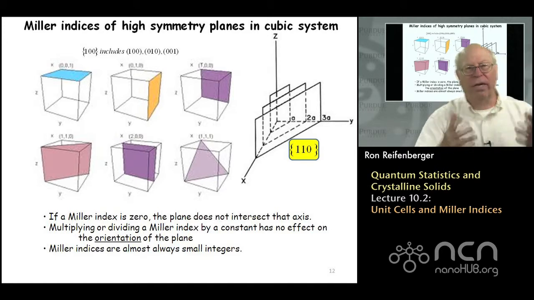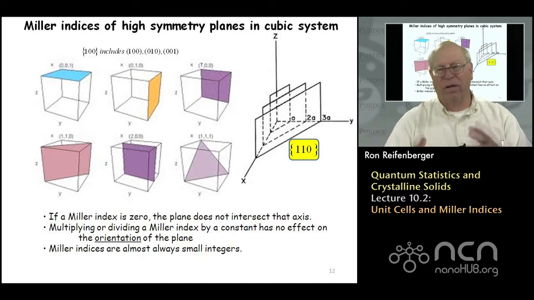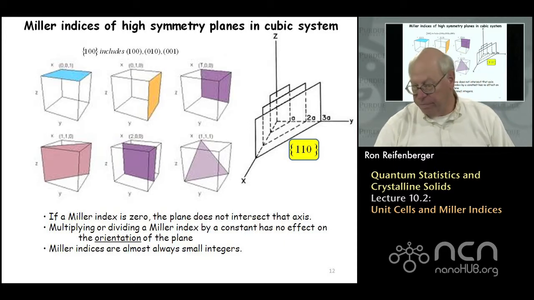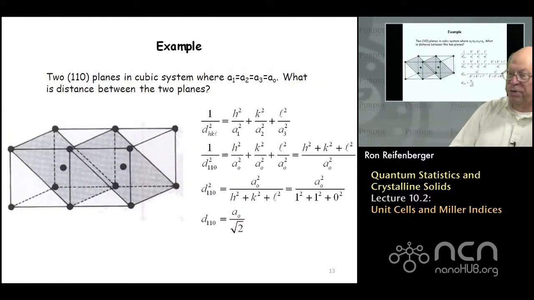So you can start to read the scientific literature if you know this Miller index notation. I worked through an example for a cubic system, asking what's the separation between two of these planes. These are (110) planes, and I just used the formula that I wrote down earlier.